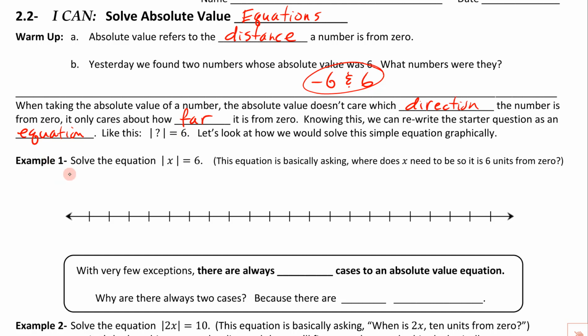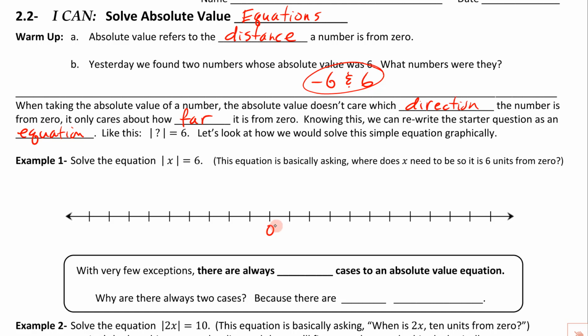So this is example 1. We want to solve this absolute value equation, and notice that I've replaced the question mark with an x. So what we're asking here is the absolute value of x equals 6. So what this is saying is, it's asking this question. Where does x need to be so that it is 6 units away from 0? So I'm going to put 0 right here. And then the question is, where does x need to be so that it's 6 units away from 0?